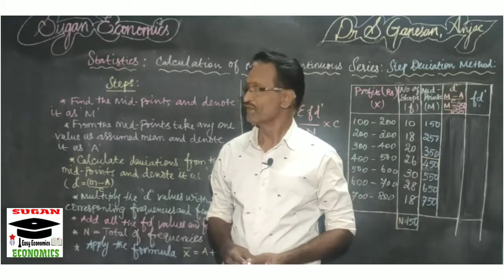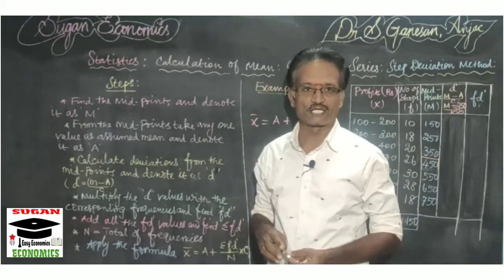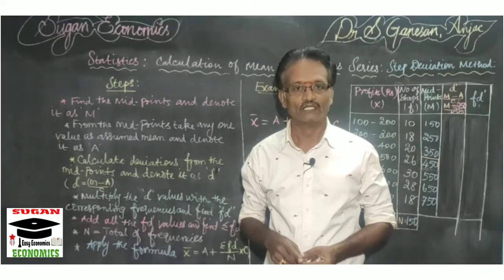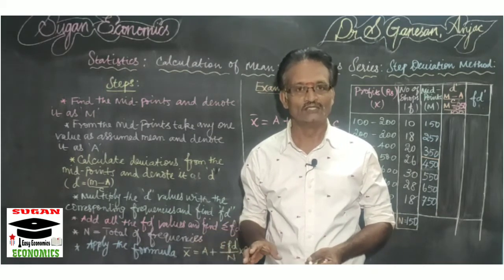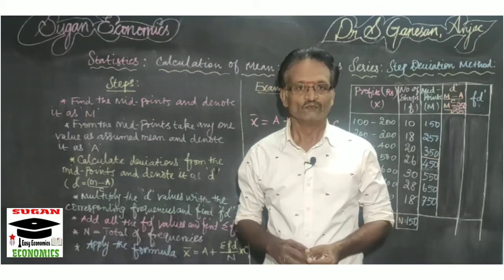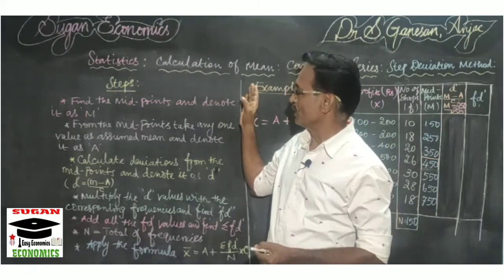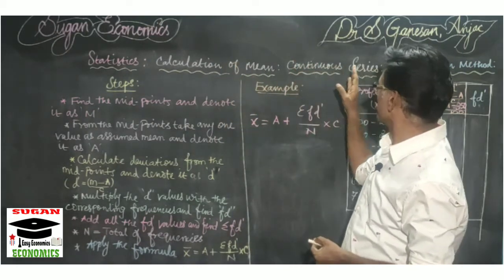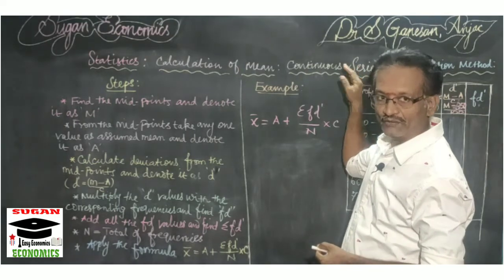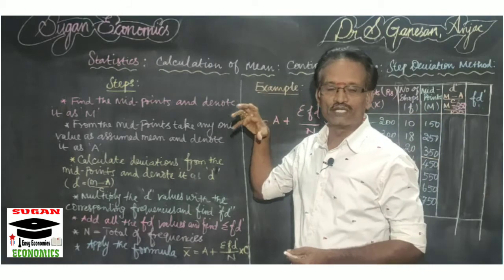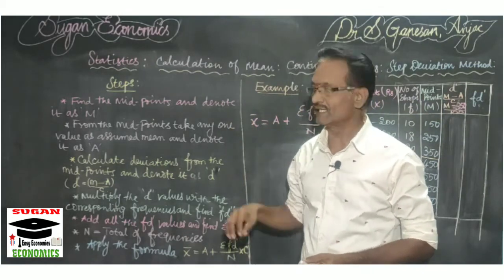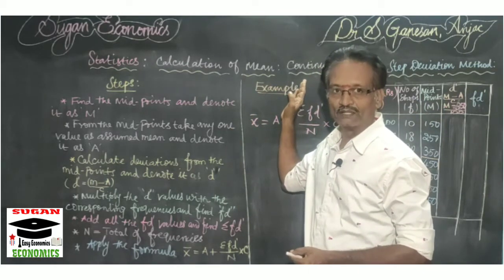Dear students, in the previous classes we have discussed the calculation of arithmetic mean for continuous series with the help of direct method and shortcut method. So today we are going to discuss the calculation of arithmetic mean for continuous series with the help of step deviation method. Here, for simplifying our calculation, we are now applying the step deviation method.